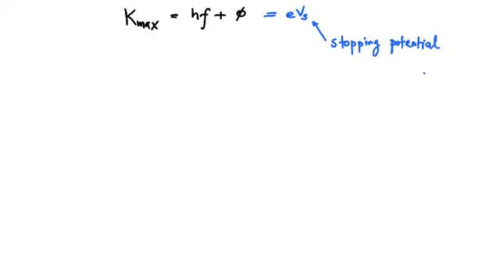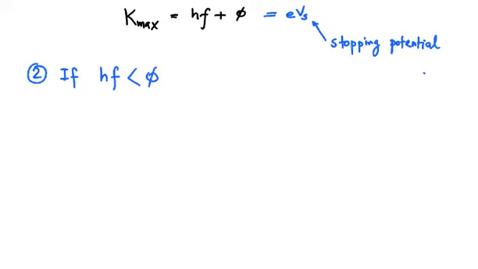Now if the energy of a photon is less than the work function of a metal, then the photoelectric effect will not occur because the electrons would not have enough energy to be removed from the metal. So if the photon energy hf is less than phi, the work function, no photons will be able to eject any electrons.